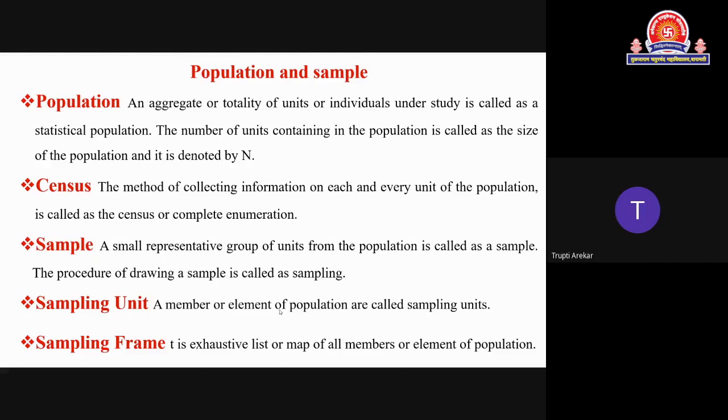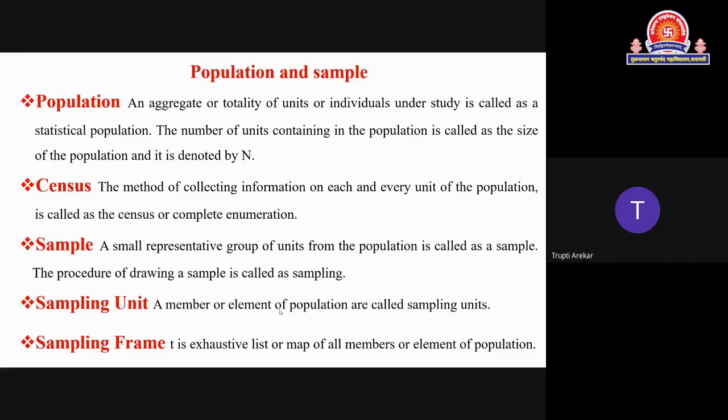So the next method is introduced here, that is to find a sample and draw the conclusion. A small representative group of units from the population is called a sample.